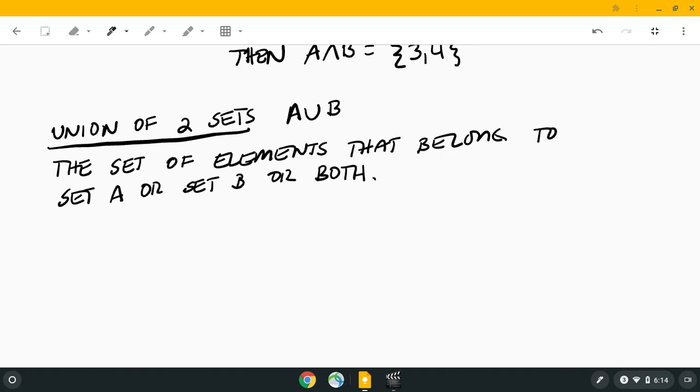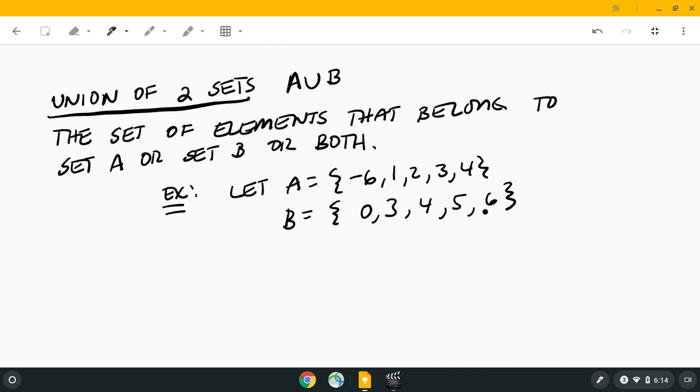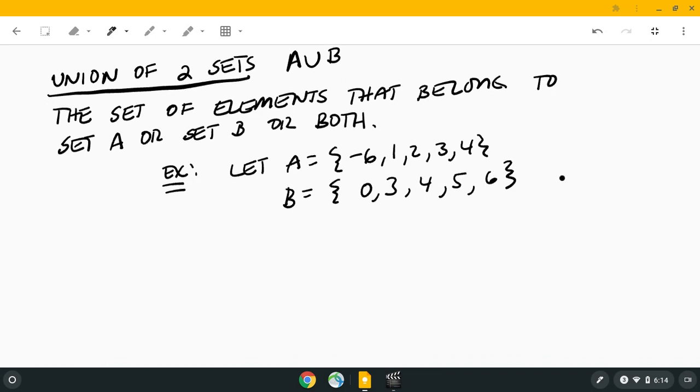Okay, so let's take a look. In this example, suppose that set A is made up of -6, 1, 2, 3, and 4, and set B is 0, 3, 4, 5, and 6. The union of these two sets makes sense, right? It is the set you get when you unite these two sets.